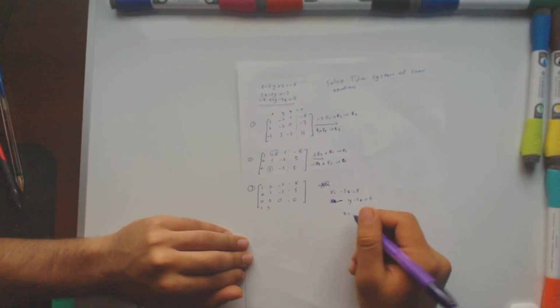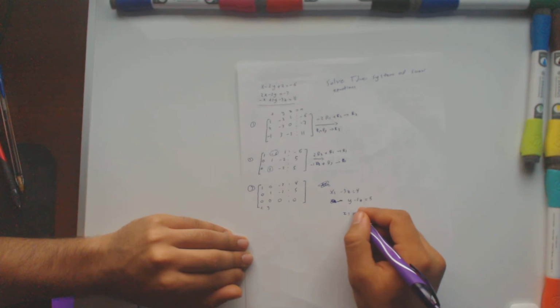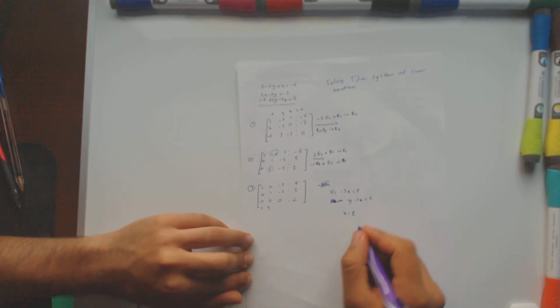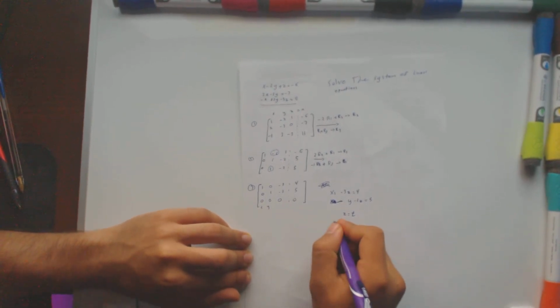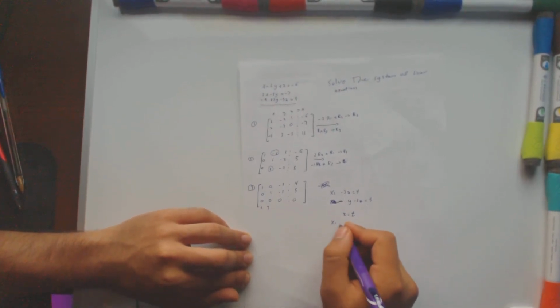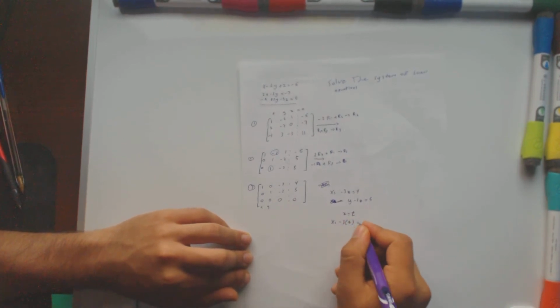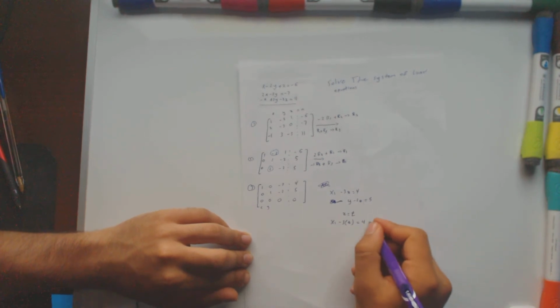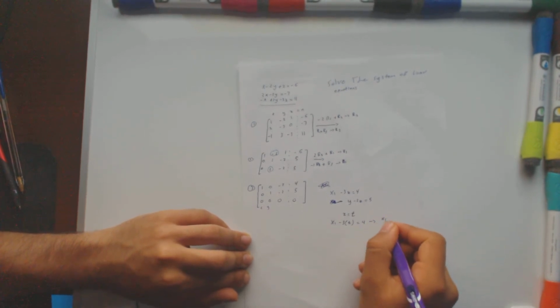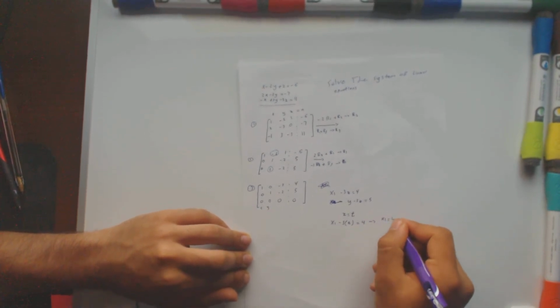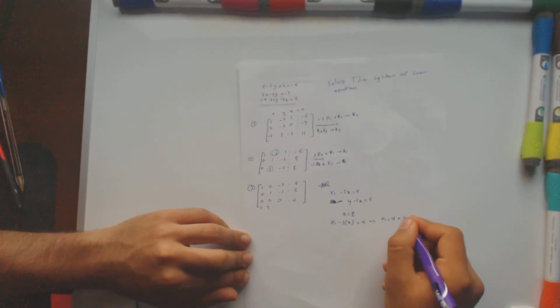So let's say that z is equal to s or t. Let's say it's equal to t. So x1 minus 3 times t equals 4, which is x1 equal to 4 plus 3t.